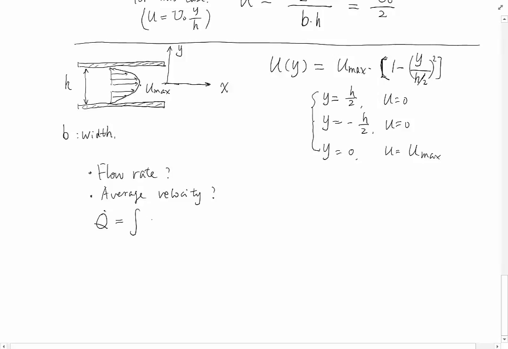is equal to integral of flow rate, and integral flow rate is uy times dA, and our uy is umax times 1 minus y square over h square divided by 4, times b dy.